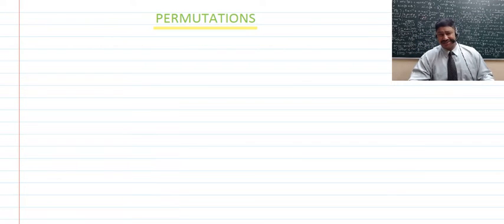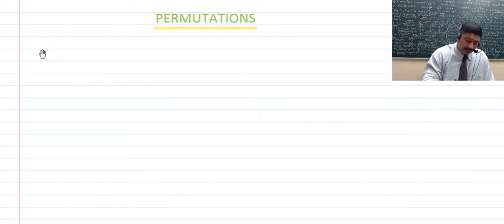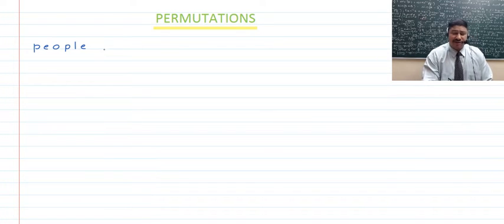Now children, this is the sixth lecture of permutations, and herein we are going to look at data which doesn't have all the different entities distinct. That means there will be a few data which will be of the same type. For that matter, we can talk about a word like PEOPLE. Here the alphabets are not all of different types.